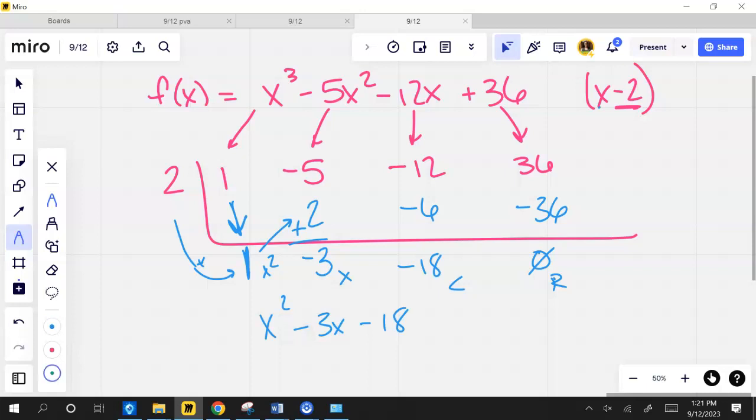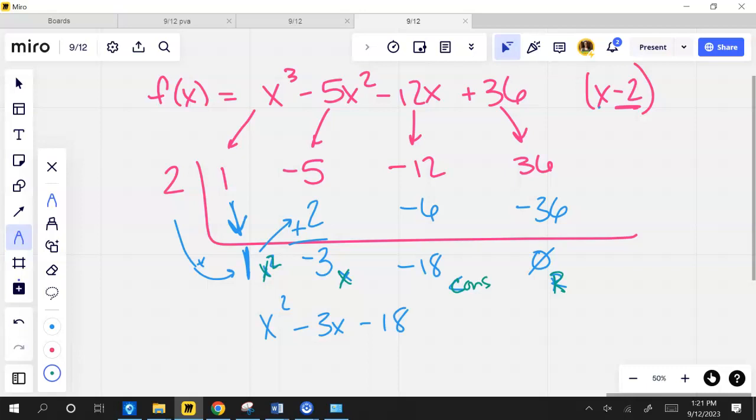Well, you start far right: remainder, constant, x squared, or x plus something. Okay, so now, yeah.